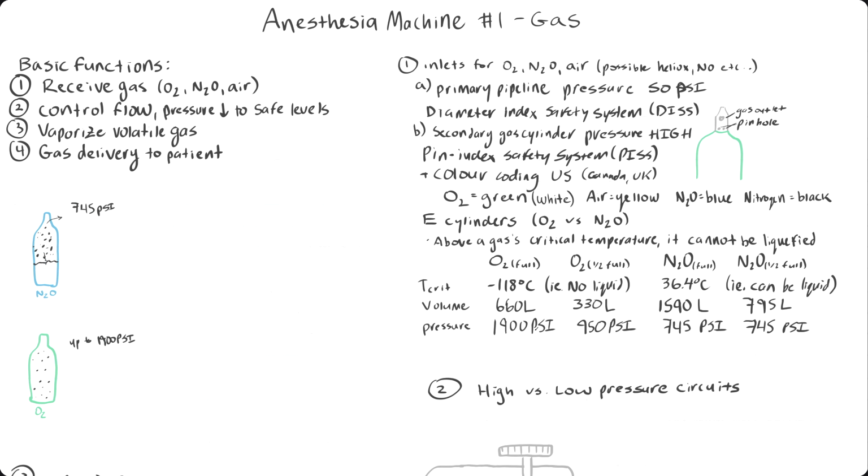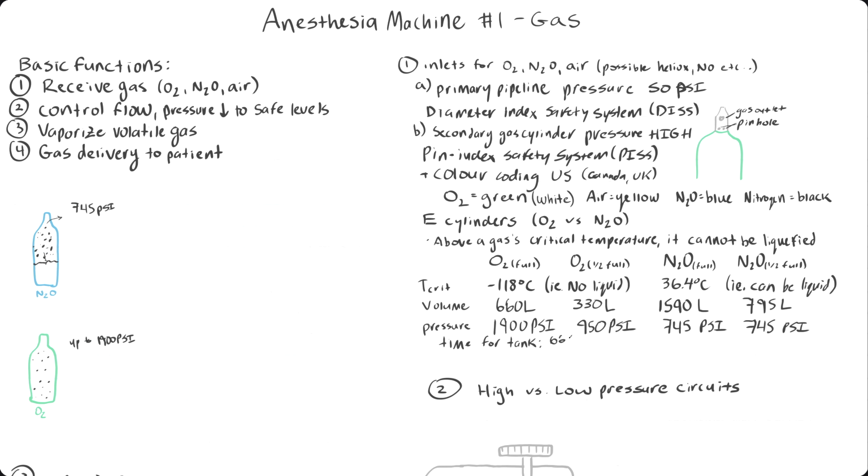You can use this knowledge about the pressure in the O2 tank and its remaining volume to estimate the time remaining for the tank, or how long you can actually run the tank for before it will be empty, which is useful if you're transporting a patient and you need to know if you have enough oxygen to last for that transport. We said the volume is proportional to the pressure in the tank.